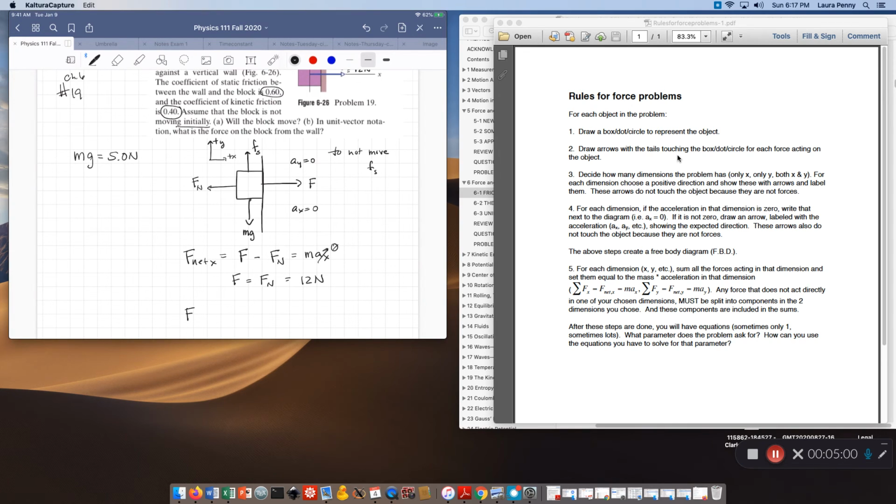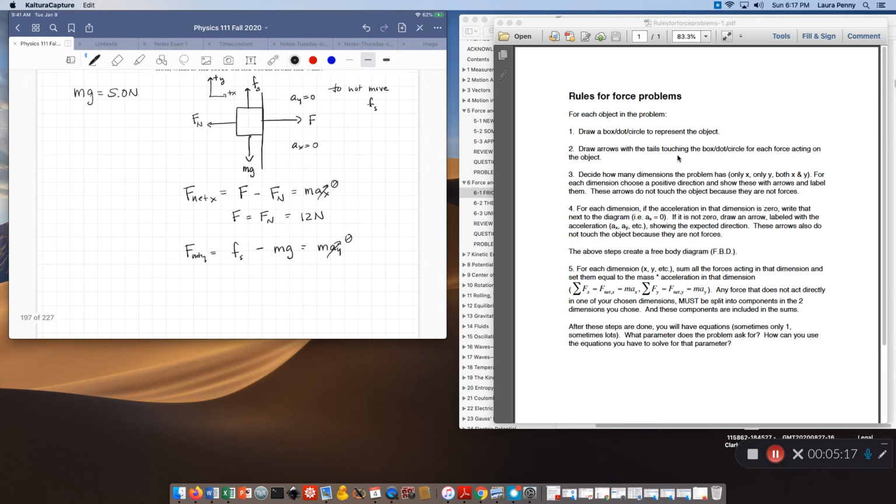Then if I do F net y, when I subtract the gravitational force, if I want this to not move so that a sub y is 0, then the static friction force has to be equal to mg.